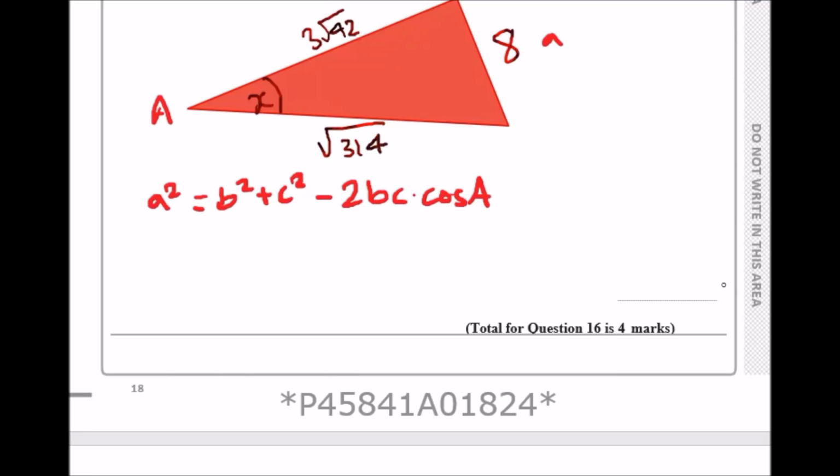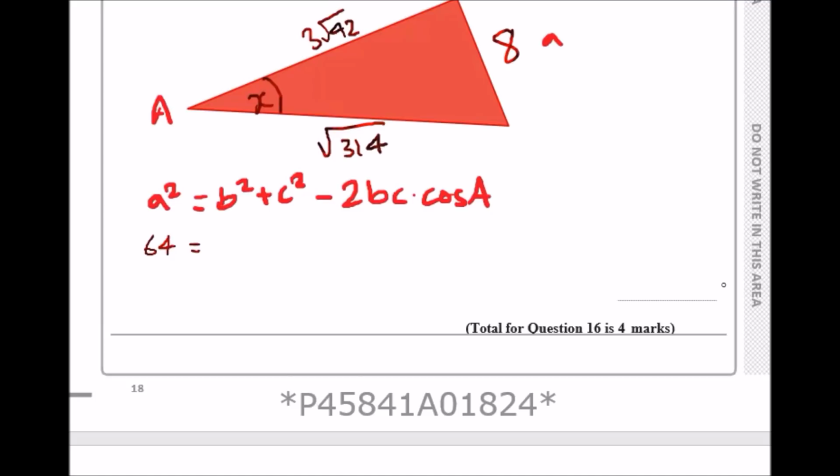So therefore, using the formula and replacing everything, we should get 8 squared, which is 64, equals B squared plus C squared, so 3 root 42 all squared plus root 314 all squared.